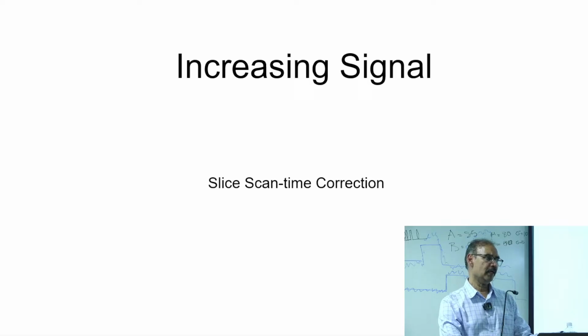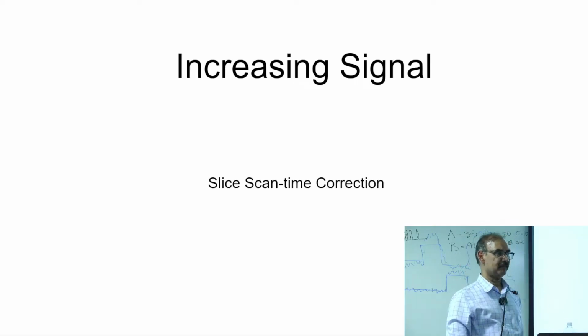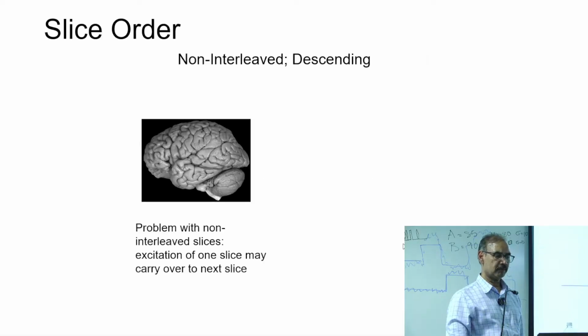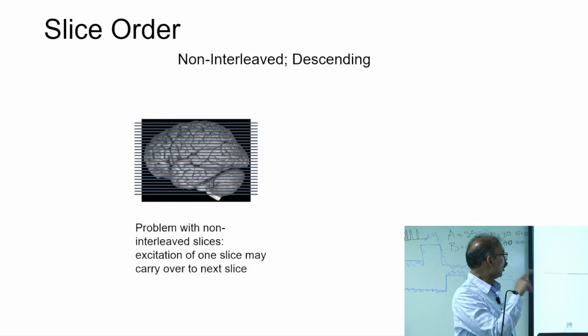So one way in which we can increase the signal intensity or signal correction is called slice scan time correction, right? And the slice scan time correction works in the following way. This is non-interleaved descending order, right?